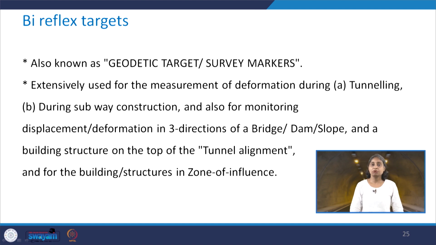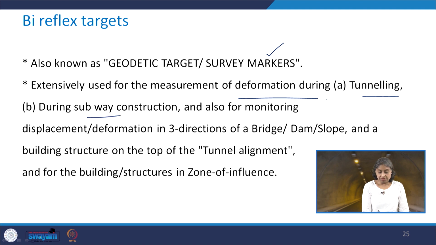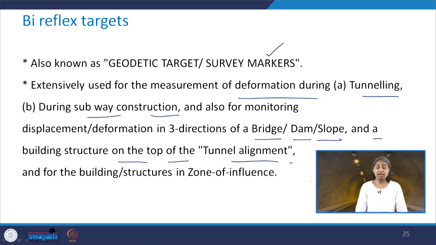These are also known as geodetic targets or survey markers. These are extensively used for the measurement of deformation during tunneling, during subway construction, and also for monitoring displacement or deformation in three directions of a bridge, dam or slope, and a building structure on top of the tunnel alignment, or for buildings or structures in the zone of influence.